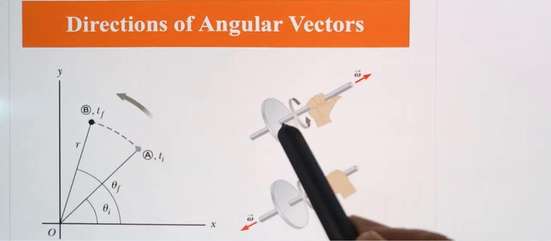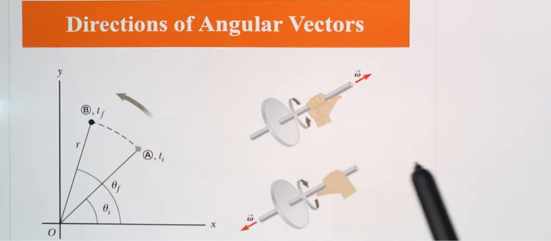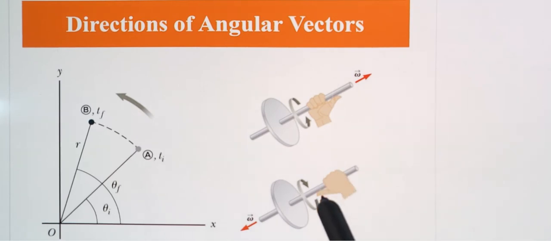If it is moving clockwise, then the same rule applies, and the angular velocity direction will point perpendicular to the motion, because angular velocity is a vector and velocity also is a vector. Follow the thumb direction.